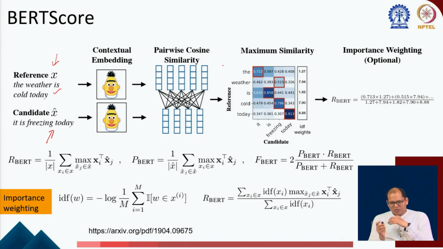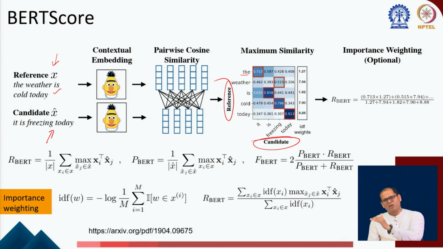Now you can compute precision and recall. How do you compute recall? Your reference is here and this is your candidate. For each word in the reference, you see what is the maximum similarity it has with any word in the candidate. You find 0.713 is the maximum similarity for the first word. For weather, max similarity is 0.515, for is 0.858, for cold 0.796, for today 0.913.